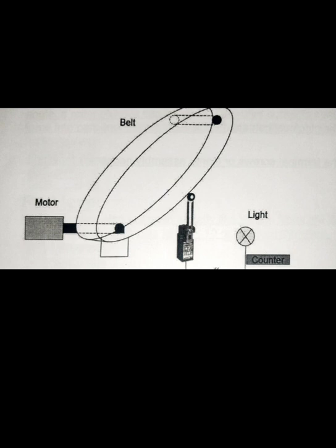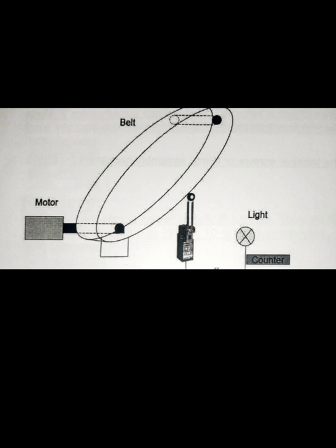Mechanical limit switch actuators are available in many shapes and sizes based on their functionality and application. The momentary limit switch returns when the actuator is released from the object. The maintained limit switch will remain in the actuated position even after the actuator has been released.